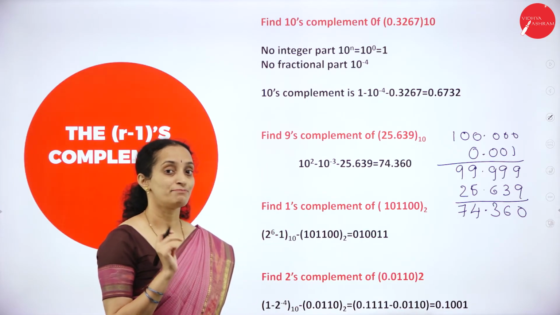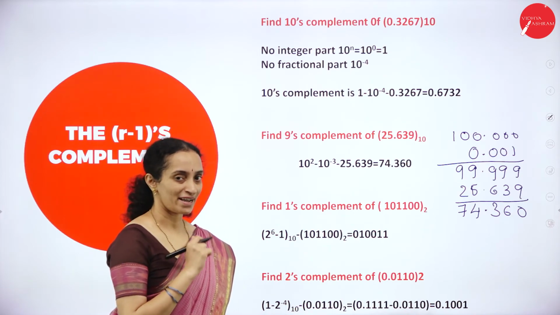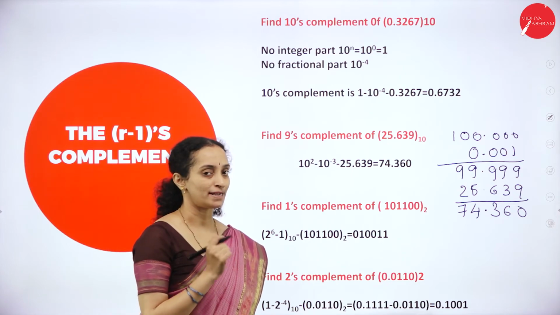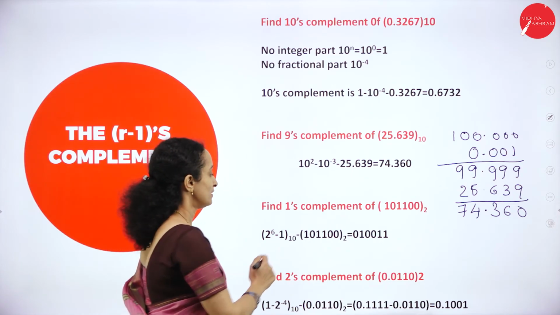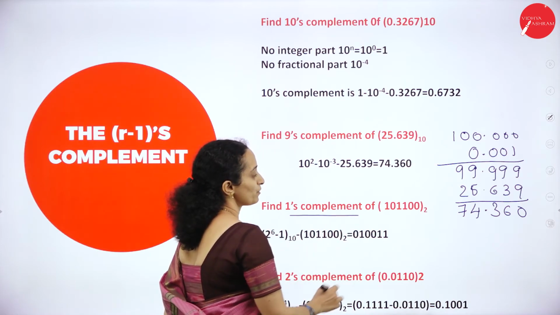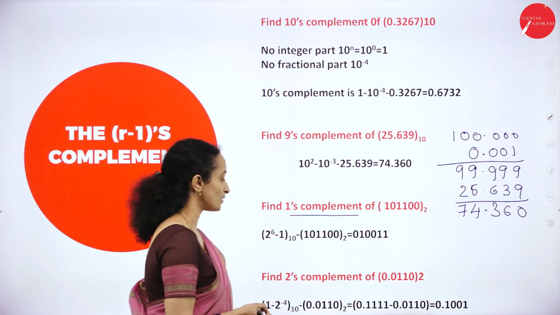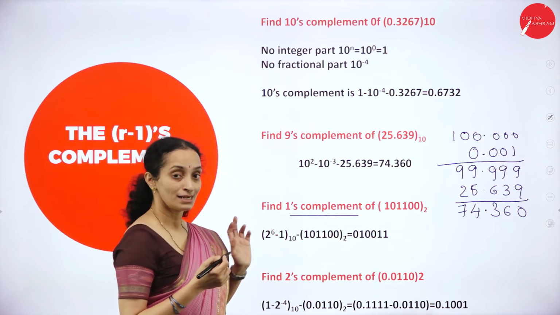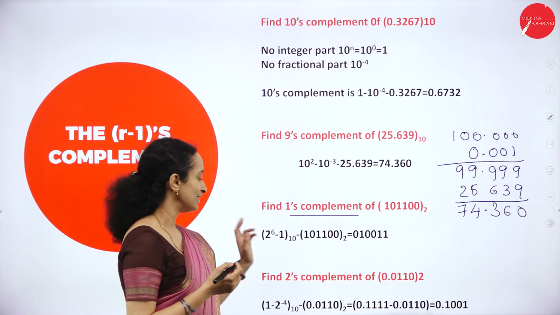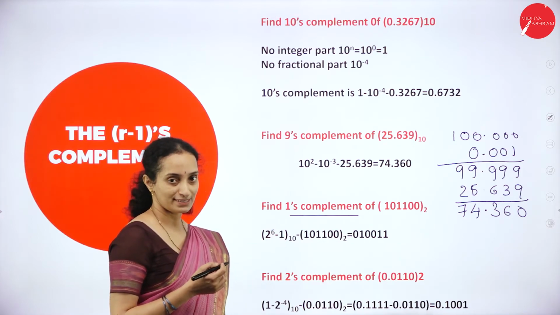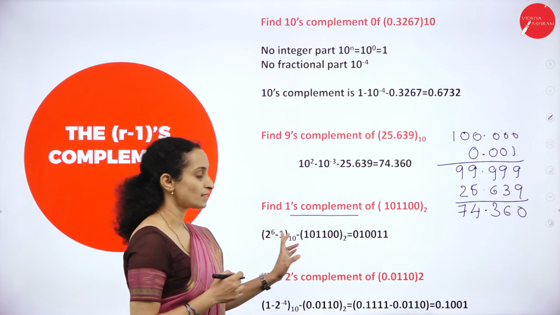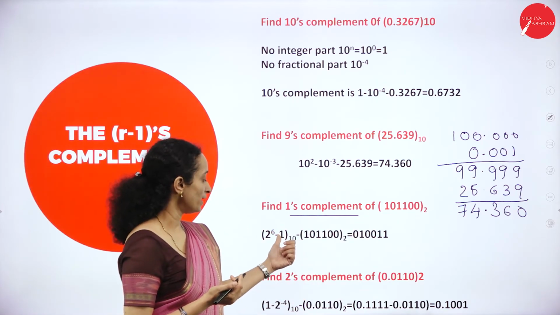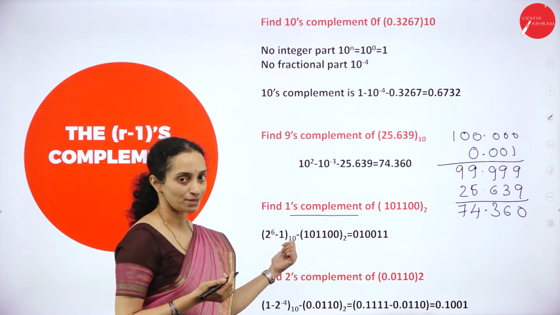What is the answer if the base is 2? That means binary representation. How do you find the R minus 1's complement of a binary number? To find the 1's complement of 101100, you take 2 to the power of 6 minus 1, because you don't have a fractional part here, so it is 2 to the power of 0, that means 1.